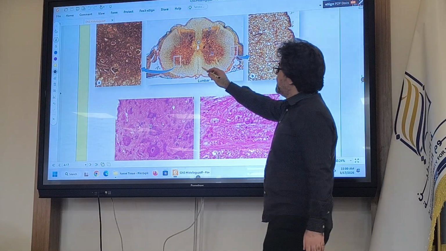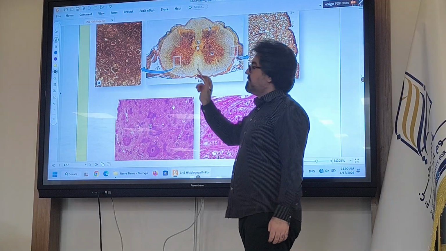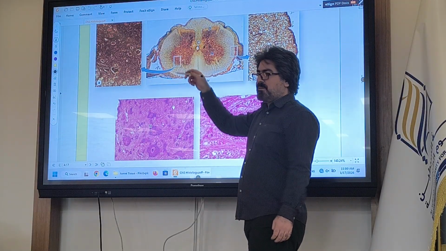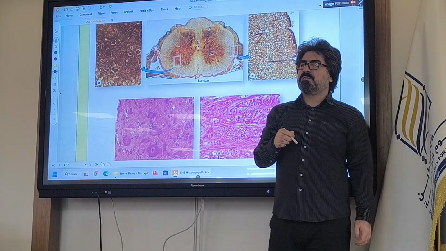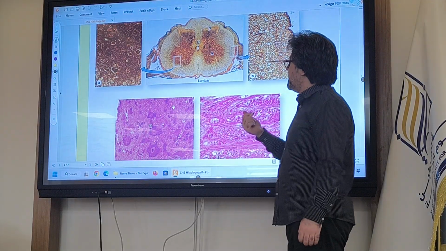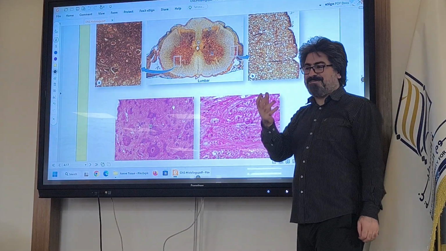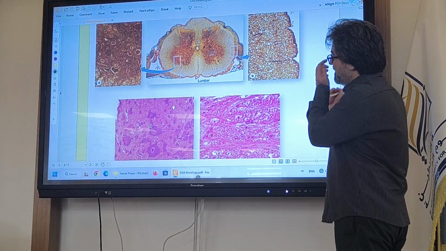As I told you, at the center of the spinal cord there is the central canal. Here is the central canal. The central canal is lined by which type of glial cell? Ependymal cells.